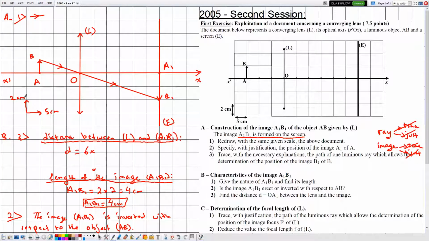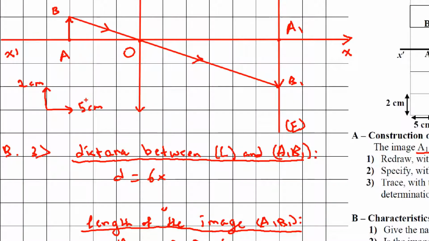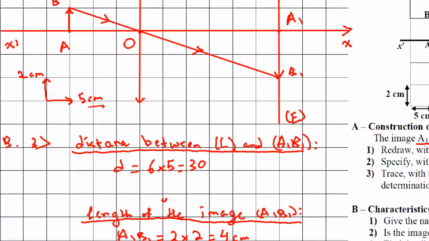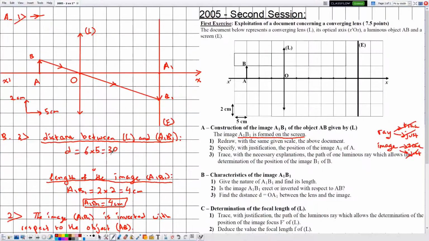And we multiply by the scale along which I have counted the number of divisions, which is scale along the x-axis. This will give me 30. Since the scale is in centimeters, then the value of D will be in centimeters. So D is equal to 30 centimeters.